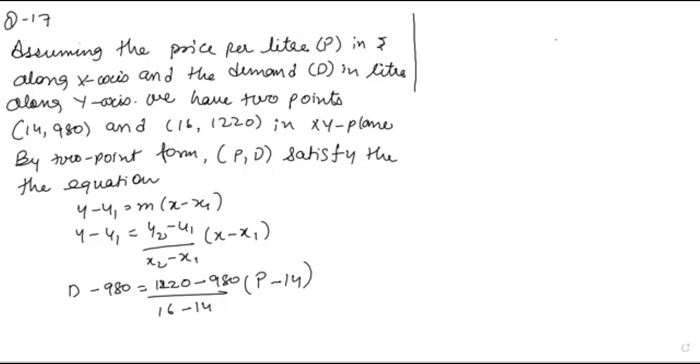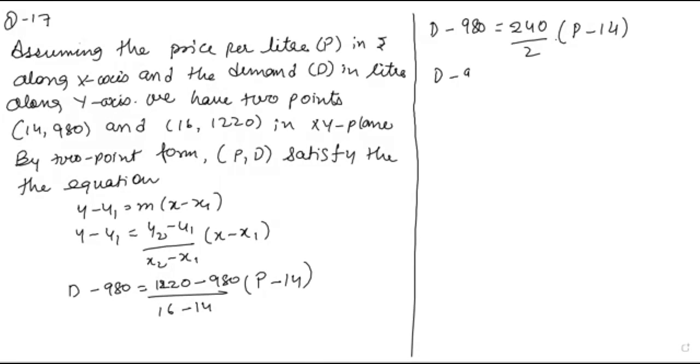Here we are trying to find a relation between price per liter and demand, and then we will find the value of D when the price per liter is 17. So D minus 980 is equal to, the subtraction of this will be 240 by 2, into P minus 14.